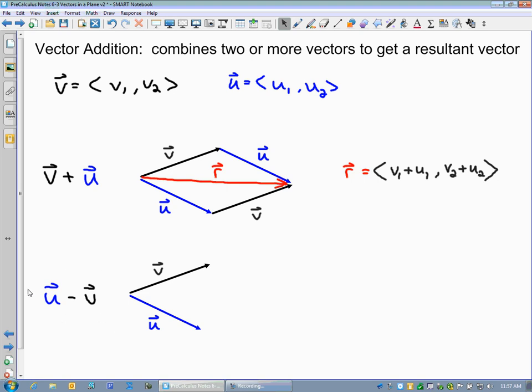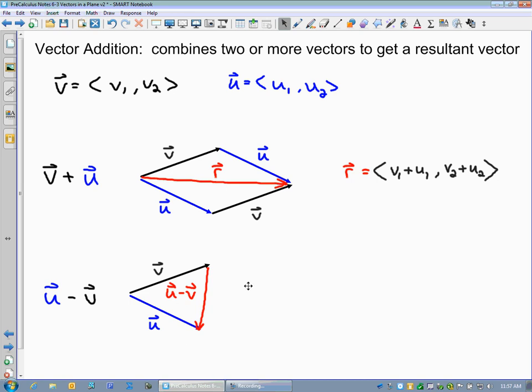Here, u is the terminal endpoint, and v is the initial endpoint. So the correct way to do this would be the vector that's heading downward, not upward. A vector going upward would be v minus u instead of u minus v.